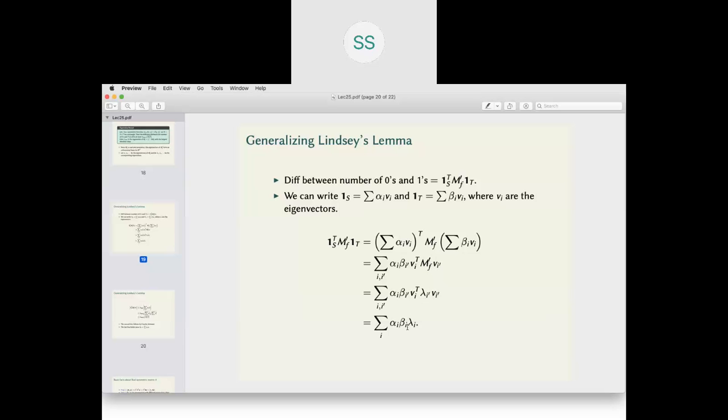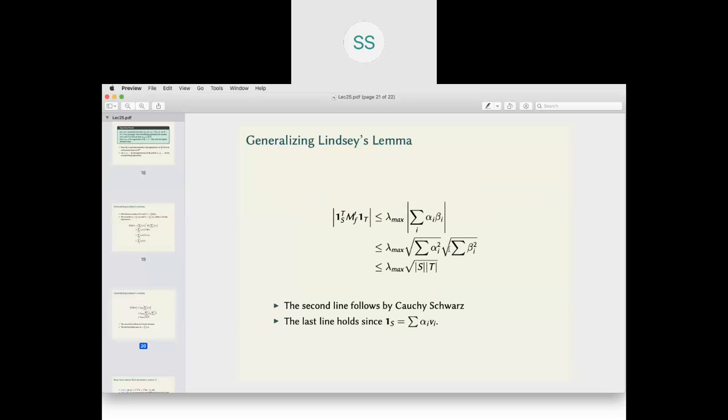So the summation is just over a single variable now: alpha i, beta i, lambda i. Lambda i is at most lambda max, so I take that out, and I have just the absolute value of the sum of alpha i beta i, which is at most the square root of the sum of alpha i squared times the sum of beta i squared, by Cauchy-Schwarz.